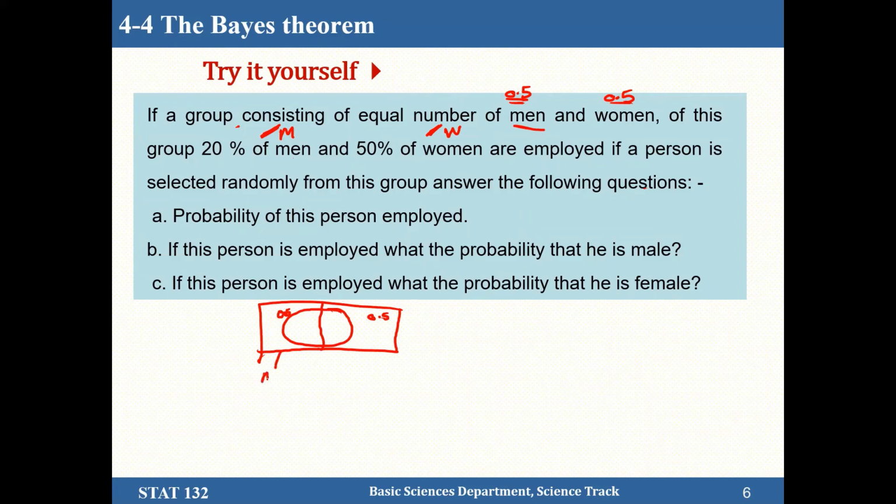Just say this is male, this is female, just like A1, A2. So, two conditions satisfy or not?